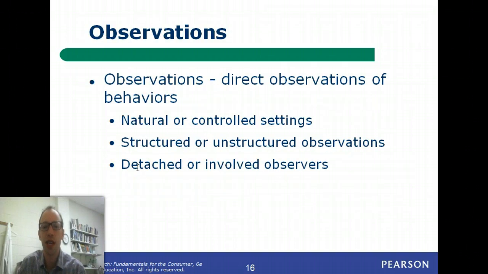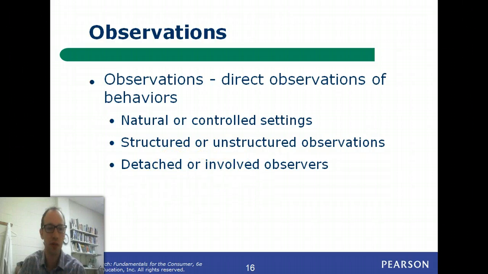Observations is a third type. Could be natural, like you're standing at the back of a supermarket just watching people, or controlled. You could be in a lab counting the number of times that a student raises his hand during a classroom. Structured, specific things you're looking for versus unstructured. You're just kind of jotting down things you notice.